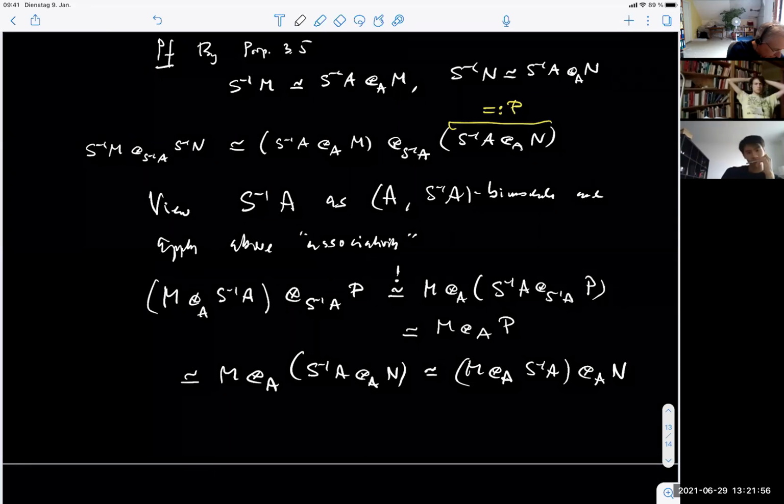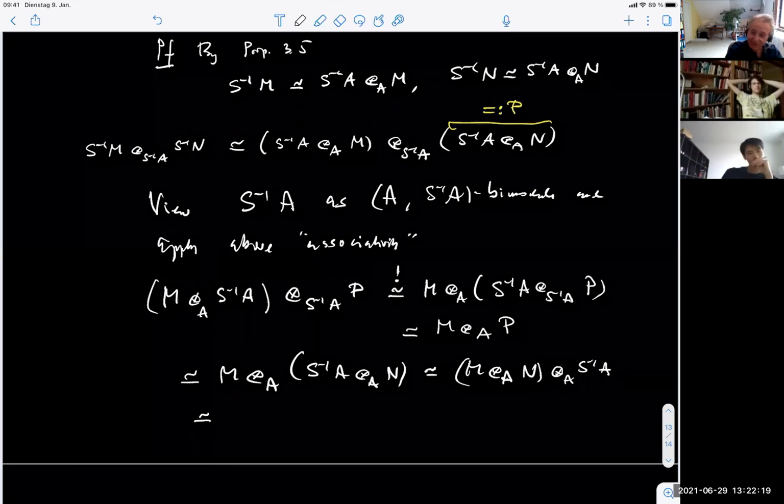Like this, associativity. And okay, I can change the order. Oh no, sorry. Not only, I also use commutativity. Oh my God. Okay, the order of things doesn't matter.